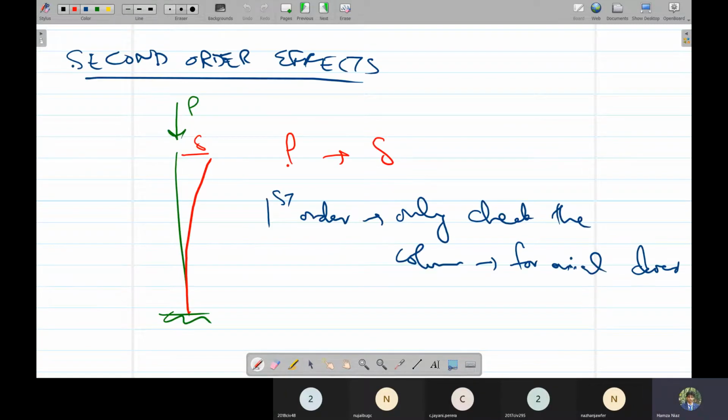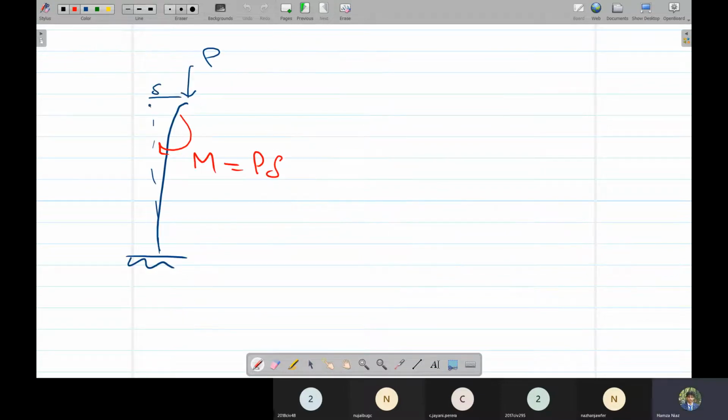The load was not initially causing any bending moment in the column, as it was applied exactly at the center line of the column, but it caused some deflection, and that deflection led to the generation of bending moment in the column. So we call this moment the second order effect.